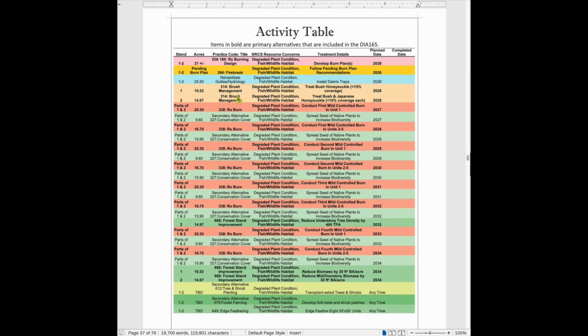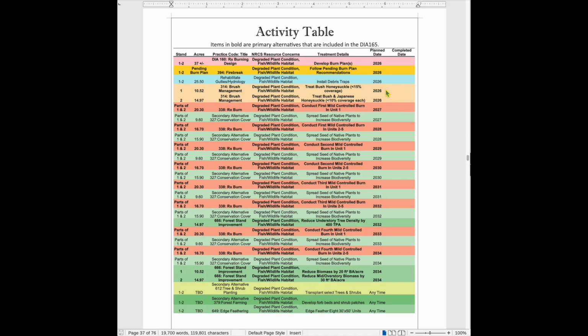Brush management is the name of the practice for controlling invasive species. So I did find a little bush honeysuckle, not too much, and I found a little Japanese honeysuckle. The NRCS will pay for treatment if they're found on the property. So we got them in here, and that goes up front.